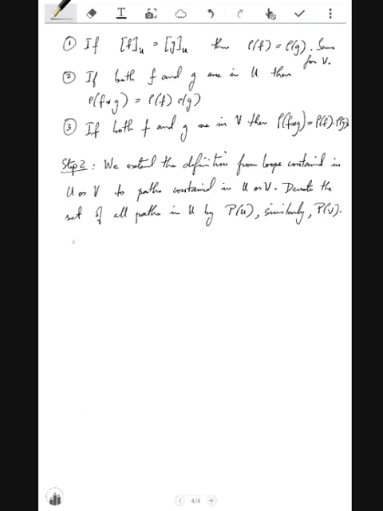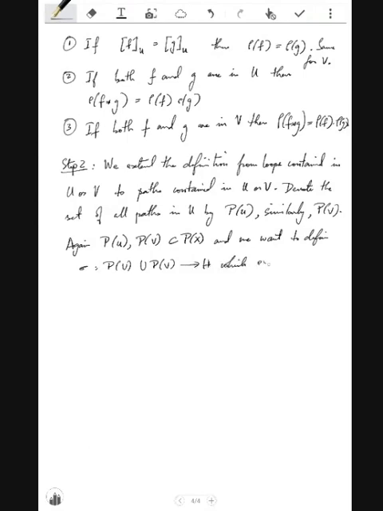So again, both these P(U) and P(V) are subsets of P(X), and we want to define sigma from P(U) union P(V) to H, which extends rho.